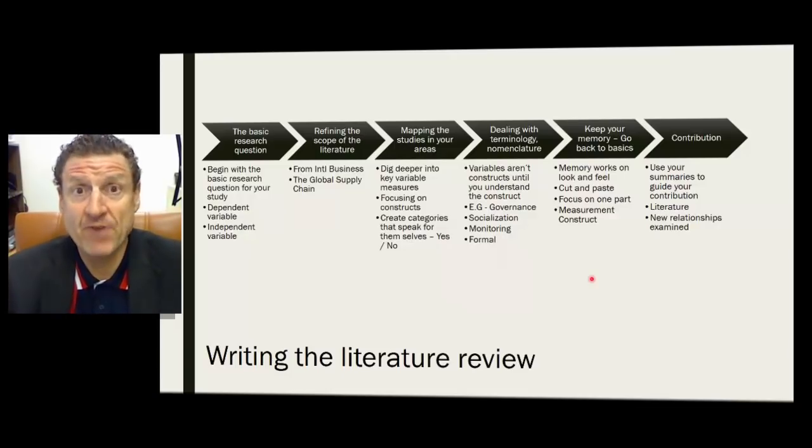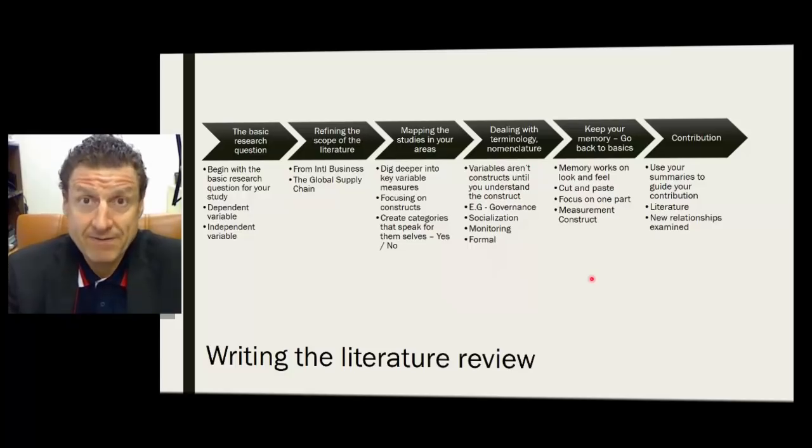Then we're going to refine the scope of the literature and bring it down from several disciplines into a single discipline. And that's where we go from international business to a global supply chain, which is much more specific than an international business literature. And then we're going to dig even further and go to the third part, where we map the studies in your area.